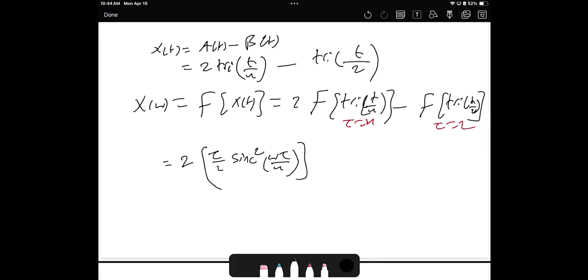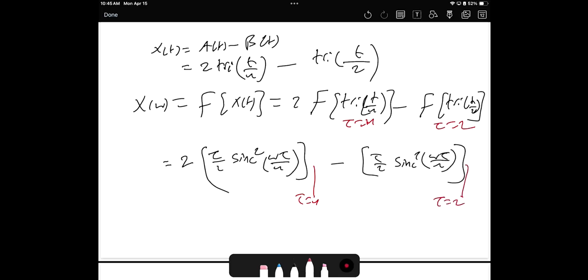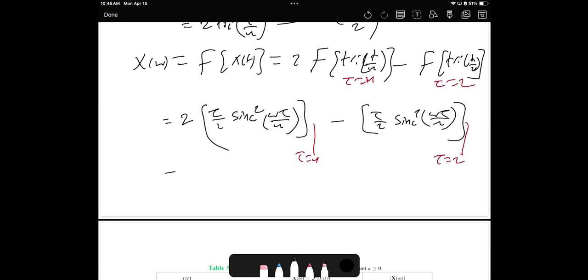So the first one substitutes tau equal 4, minus the other one, tau over 2 sinc square omega tau over 4. Here, keep in mind, substitutes tau equal 2. So each one has its own tau. Then this yields to be this, tau equal 4 over 2 will be 2.